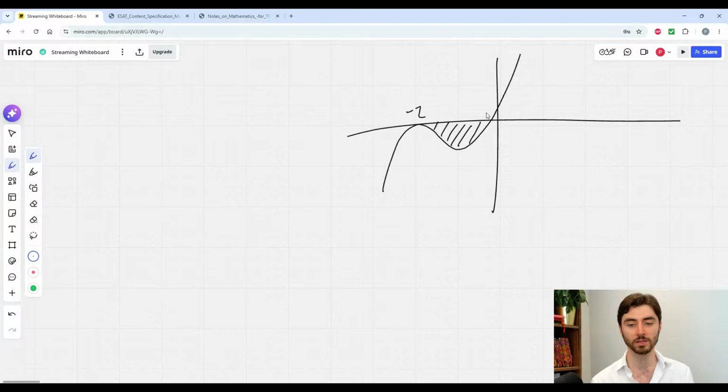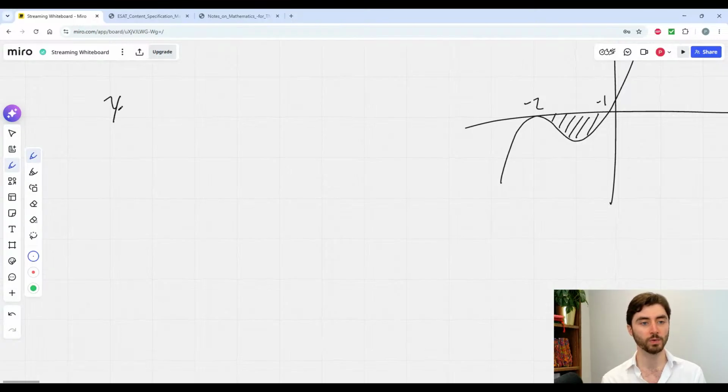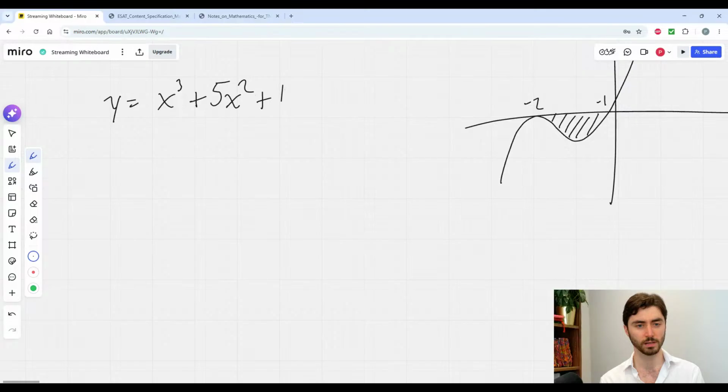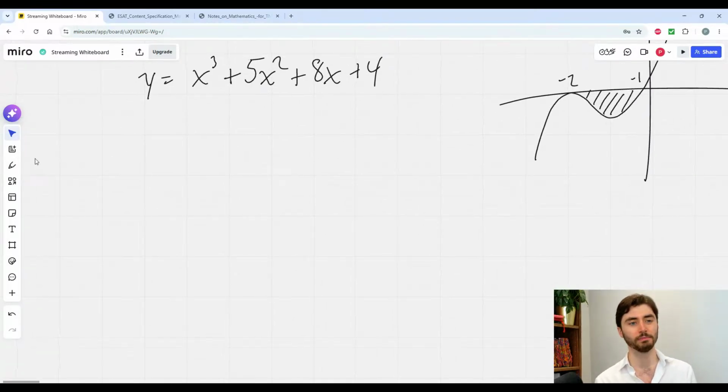This was between -2 and -1, and this was for y equals x cubed plus 8x, no, plus 8x, and 4. So if we do that instead, it's going to be very, very similar, but in fact, I think it's very likely going to just be the same thing but negative.